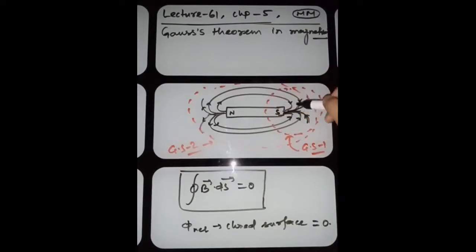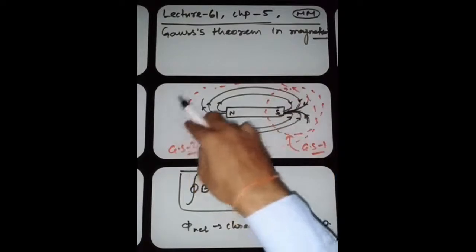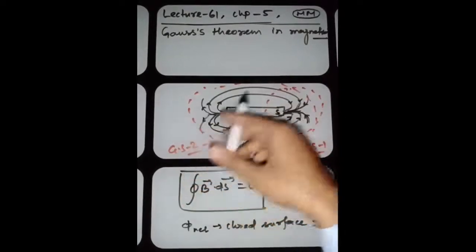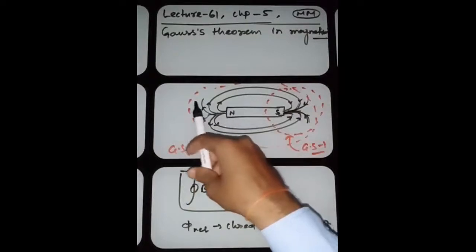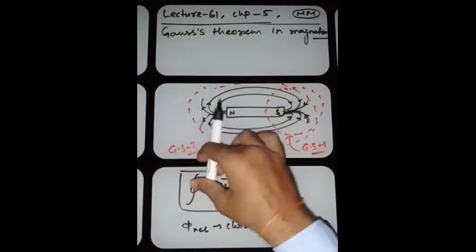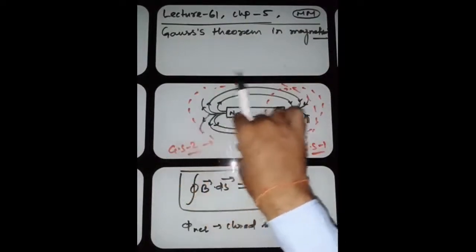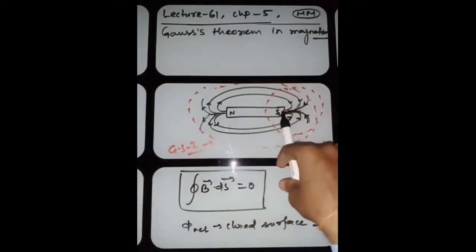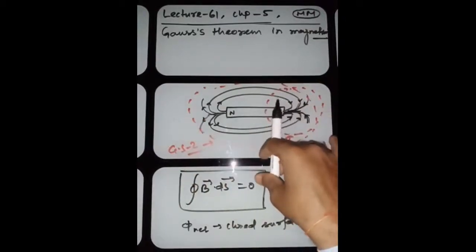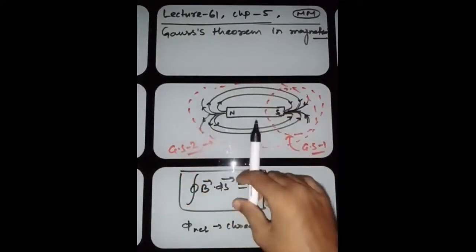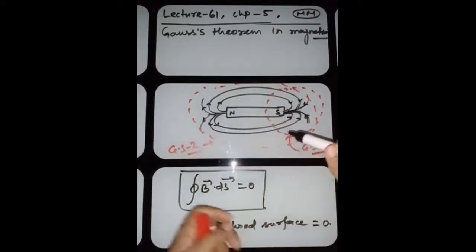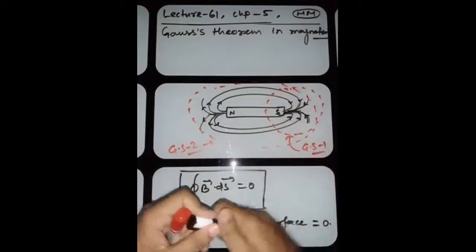That's why the flux will be 0. The counting of field lines will be 0. And if you are taking this entire magnet, you can see the total field lines leaving this North Pole are not moving out from the Gaussian surface, and if they are moving out, then exactly the same number enter the Gaussian surface. It means there is no net counting of magnetic field lines out or in, that is the net flux is 0. And this is the Gauss theorem.